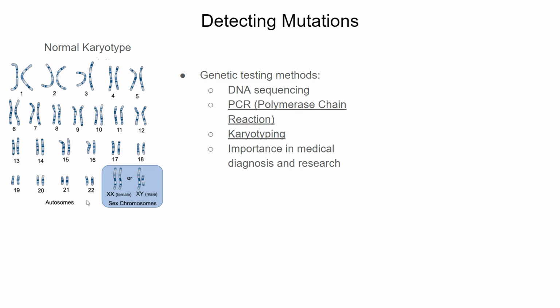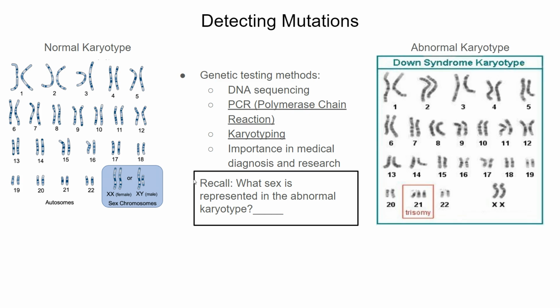Those are body chromosomes, and these are your sex chromosomes. So this is what a normal karyotype will look like. You will have pairs of each of those chromosomes, similar in length, size, and shape. This is how you can tell that this is a normal karyotype, and you should be able to tell the sex as well. Versus looking at an abnormal karyotype.